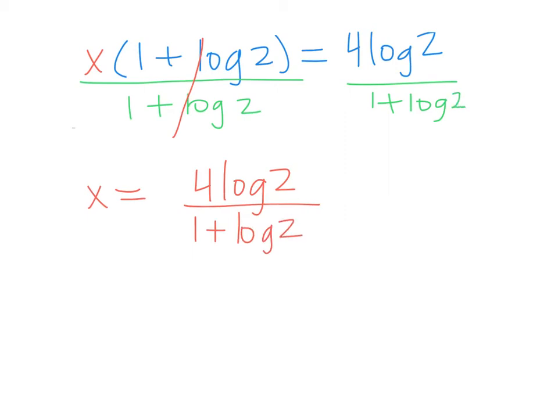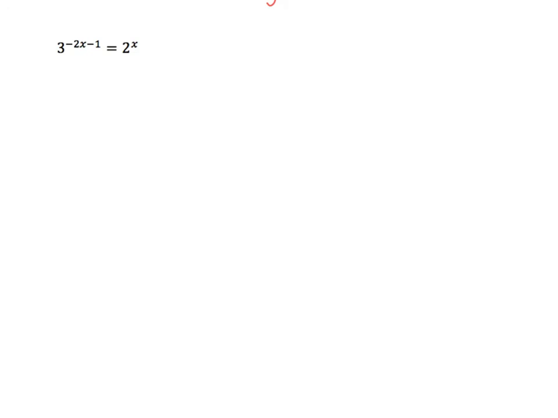All right, because we have common logs, we can plug this into the calculator. All right, it is equal to, rounding to 3 decimal places, 0.926.